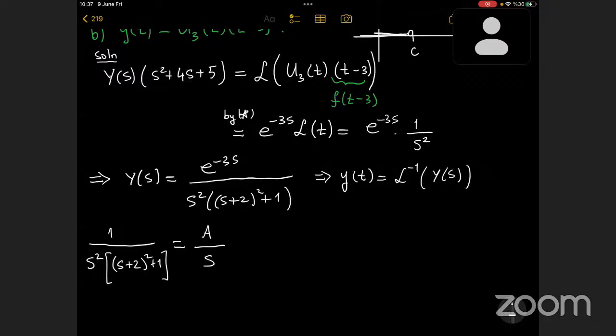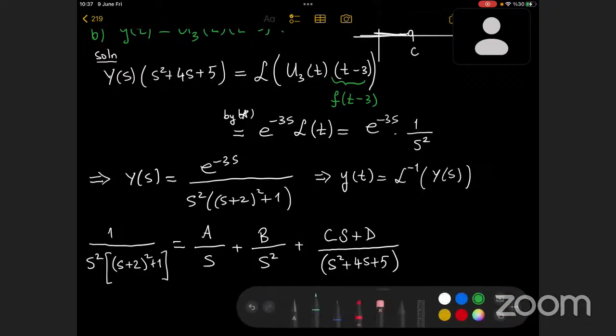Here 0 is a double root, so we need to put another factor here, b over s square, plus for the other irreducible part, (s plus 2) square plus 1, we need to write a degree 1 polynomial, cs plus d over it. You can write in this form as well. So we need to find a, b, c, d as usual, like you do in calculus.